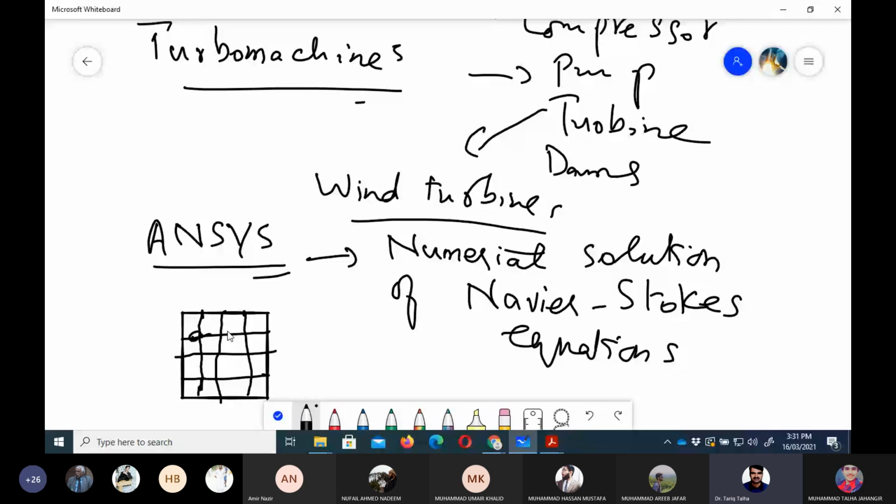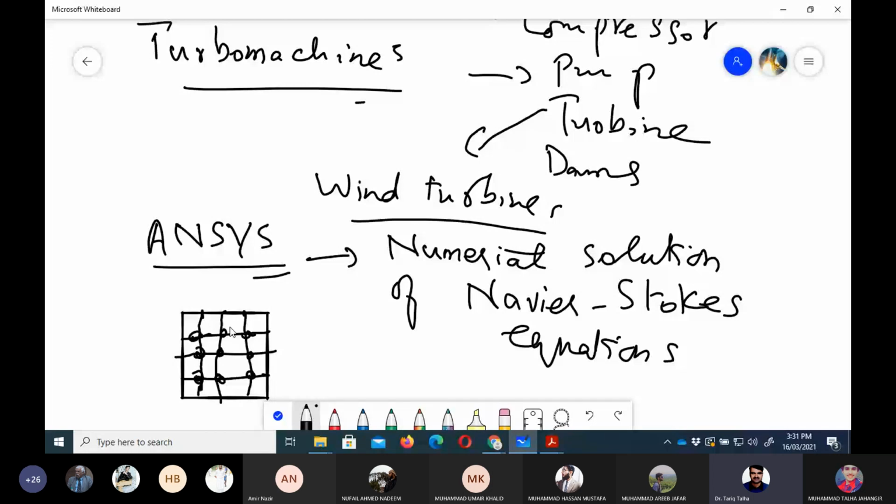On these discrete points, we try to find the velocity, pressure, density, and temperature. So that is called the numerical solution. That is not the continuous solution, but the discrete solution of the Navier-Stokes equation.